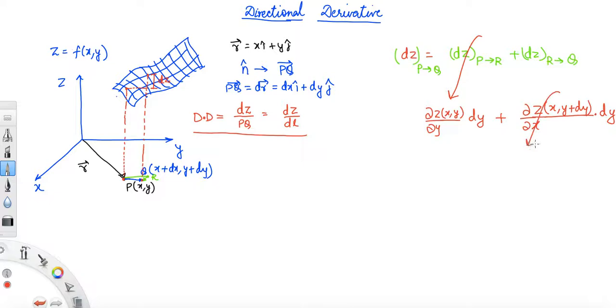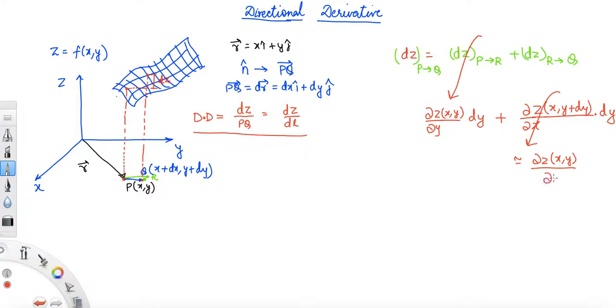And this quantity is approximately equal to del z over del x at x, y, because if you are taking partial derivative at r or at p, both will remain the same with respect to x, because this pr distance is very small, this is the elementary displacement dy.